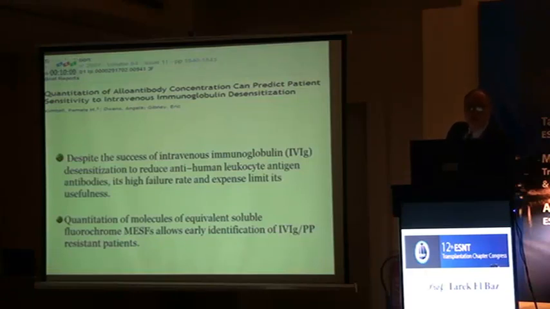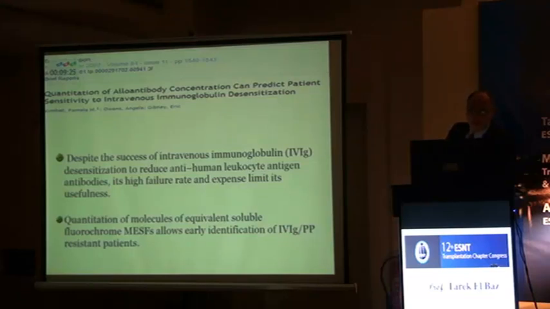Another method of assessing the pharmacodynamics of immunosuppression was the quantitation of the antibody concentration, which, if high, means the patient is heading to rejection or there is an insufficient amount of immunosuppression, and it's a very sensitive methodology. I'm giving this example because this is what the authors used, and they mentioned that despite the success of using IVIG desensitization to reduce the anti-human leukocyte antigen antibody, its high failure rate and expense did limit its usefulness.